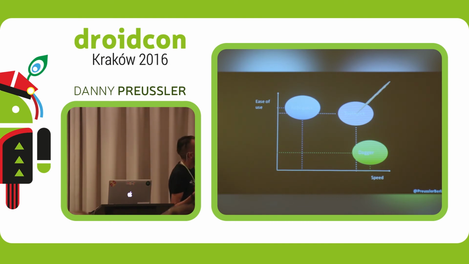And I can tell you this, they didn't get the approval from the managers to write something new, so they did it in their spare time. And they came up after 2 months with this thing called Toothpick, which brought the ease of use from Roboguice, with something that at least tries to compete with Dagger a bit. So it's somewhere in the middle. And for them, it was a great replacement for Roboguice.